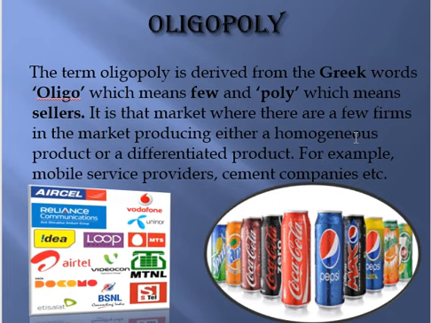Whereas a differentiated product makes the consumer demand it, and that is why it has a different appeal. The product with a differentiated feature has more appeal to the consumer, and either way, homogeneous or differentiated, there are few firms producing these products.